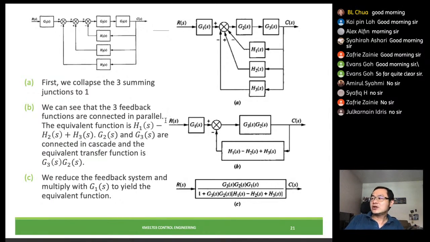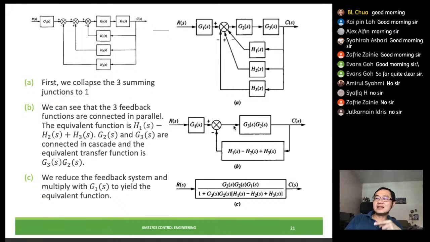In order to move this block after the summing junction, as we have learned previously, once we move this in, we have to add another block over here, which is 1 over G1. So we move it in, then we add another block here, 1 over G1.